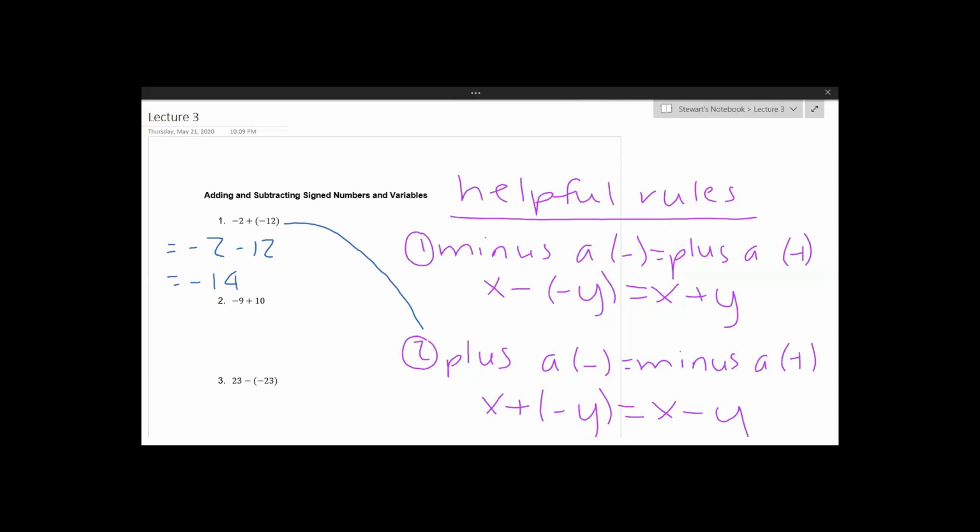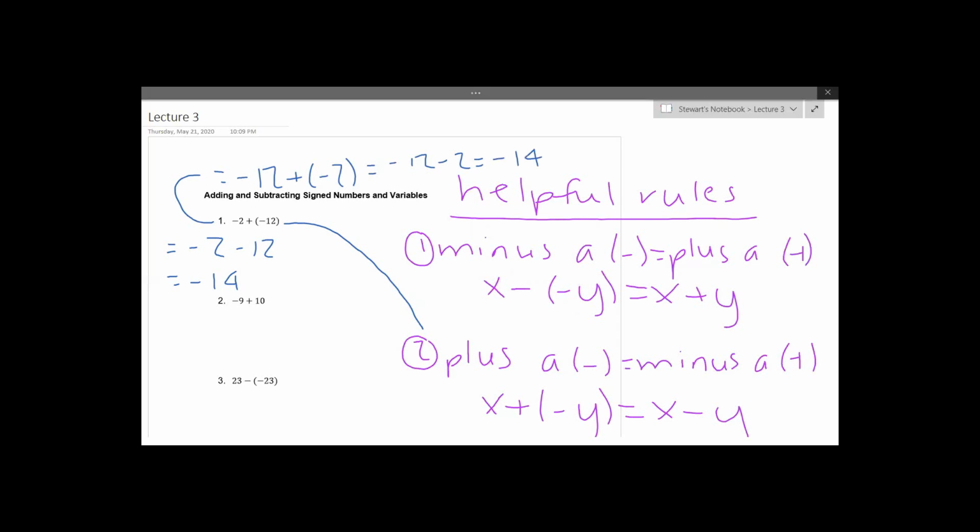Or if you wanted to think about it a different way, you could think of this as equaling, because addition is commutative, negative 12 plus negative 2, which equals negative 12 minus 2, which is, again, equal to negative 14. Either way you want to think about it, it'll work just the same.